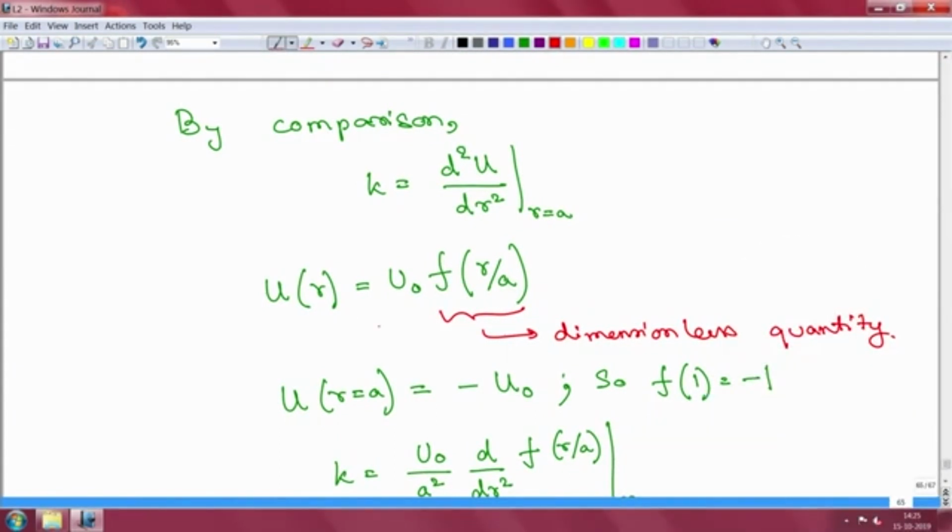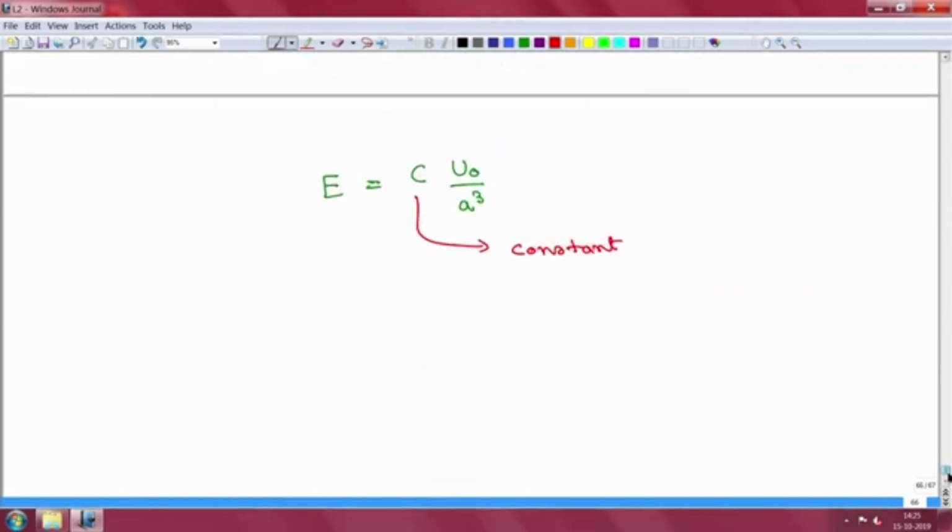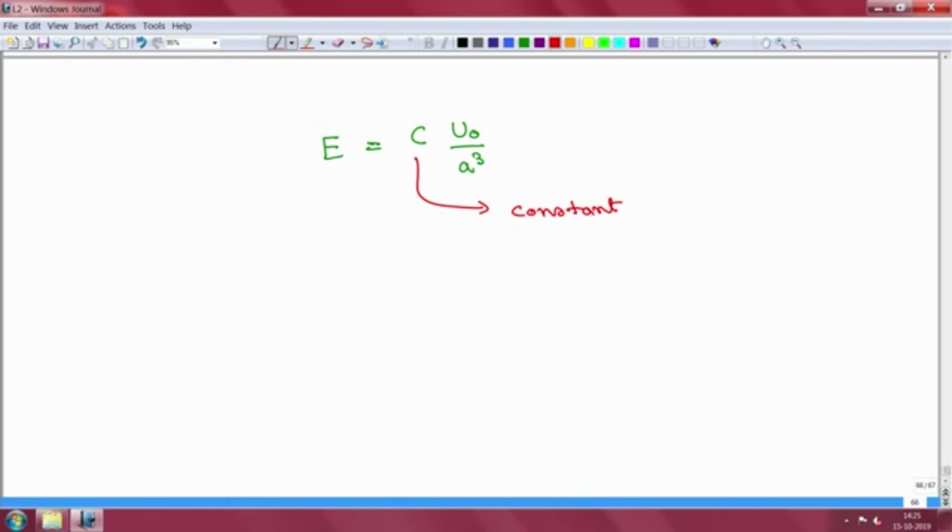So, your U naught is the energy term, it has the dimensions of potential energy. So, the modulus is some constant times potential energy by some kind of volume. So, basically it is some kind of energy density. So, the modulus can be thought of as energy density.